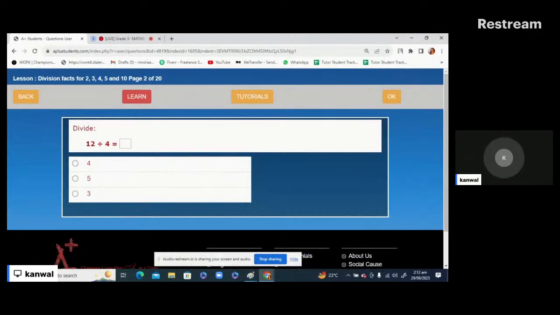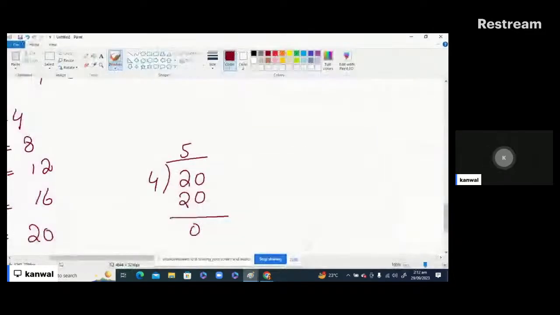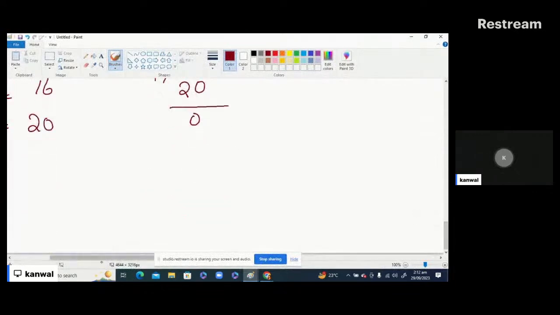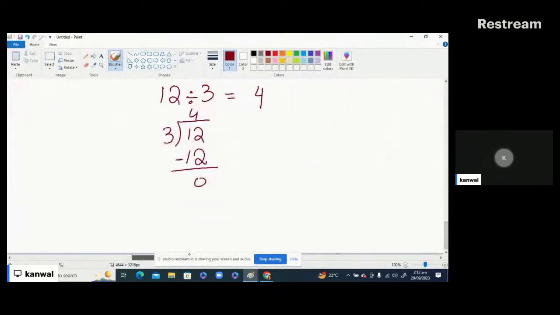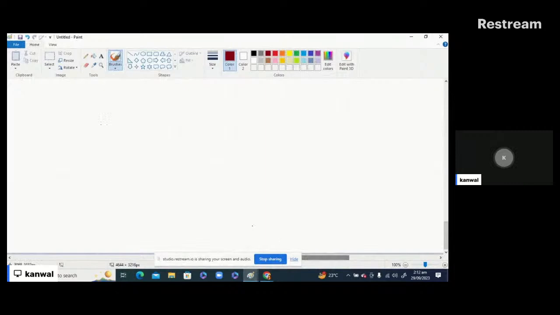Now 12 divided by 4, this question we already solved here. Okay, 12 divided over 4. Now tell me the answer of that one. 12 over 4.